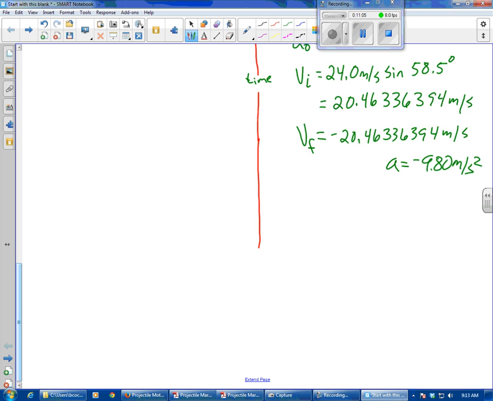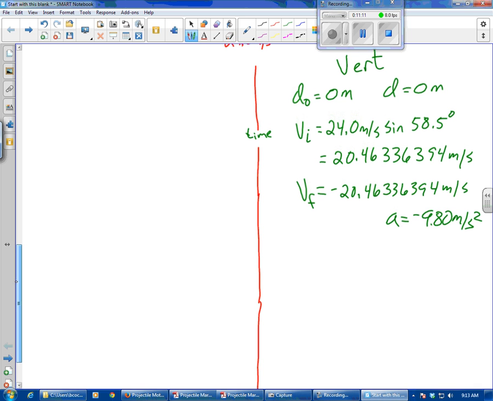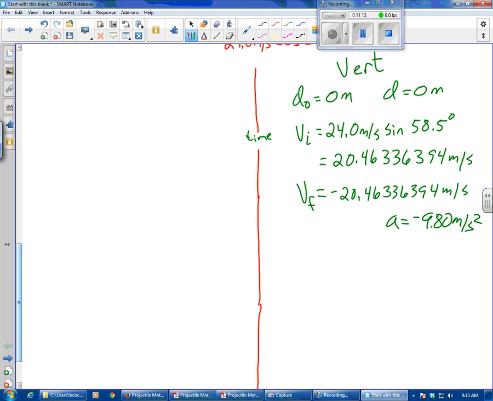Through that logic that we were just going through, that if it takes a certain amount of time to go up, it takes the same amount of time to come back down. Okay, good.